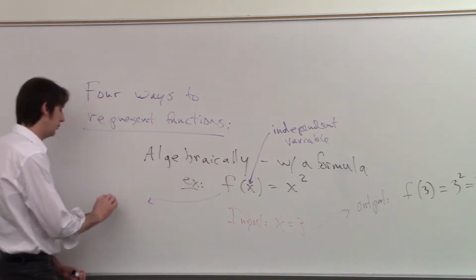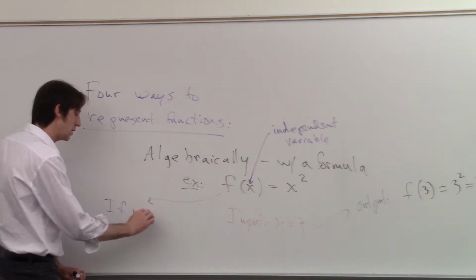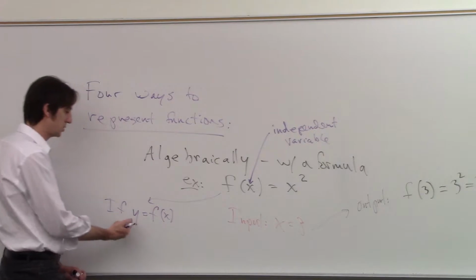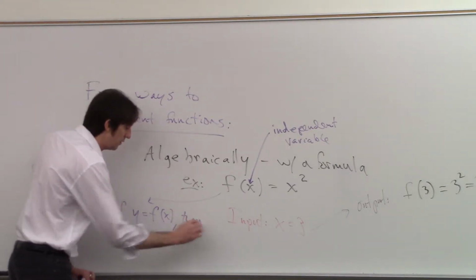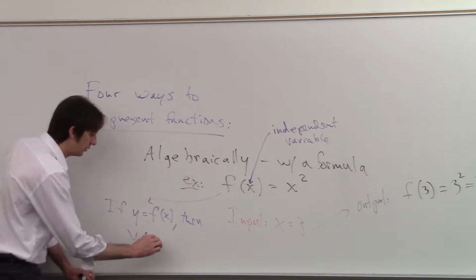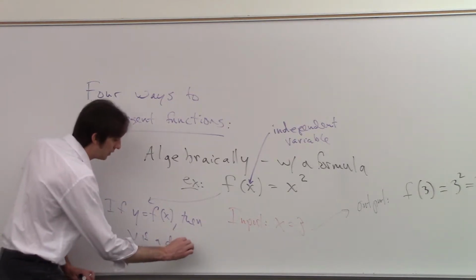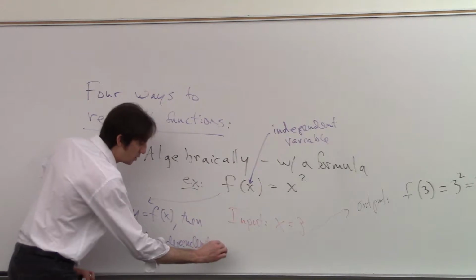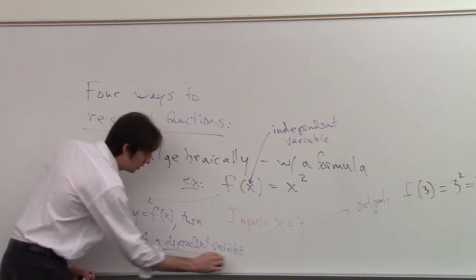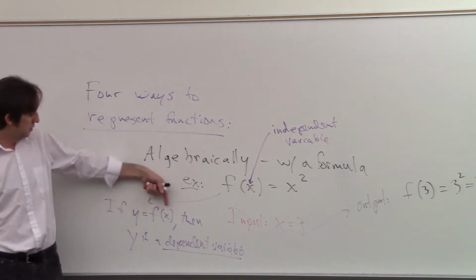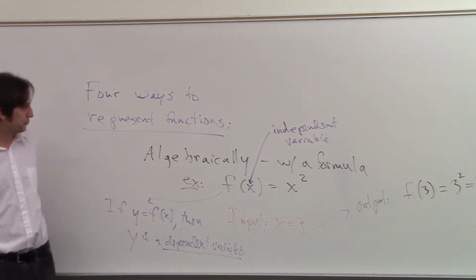So in other words, if y is equal to f of x, I'm just introducing another variable called y, then this variable y is a dependent variable. Its value depends on the value for x that I pick.